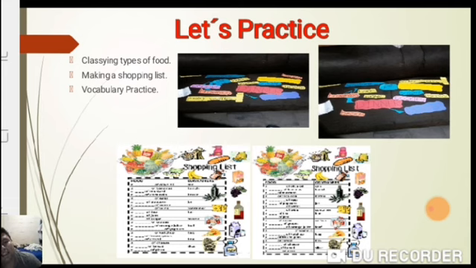Then, in the second activity, I will ask them to write a shopping list, because it is important to improve and reinforce what they have learned during the presentation process.